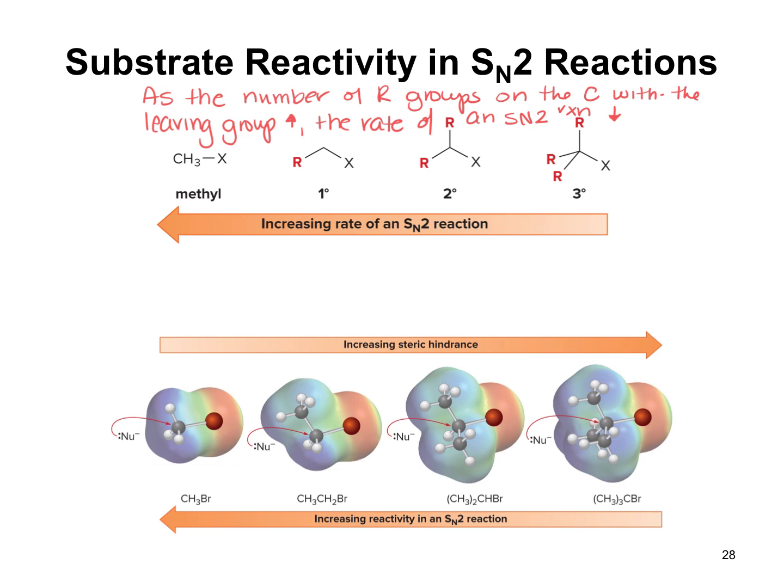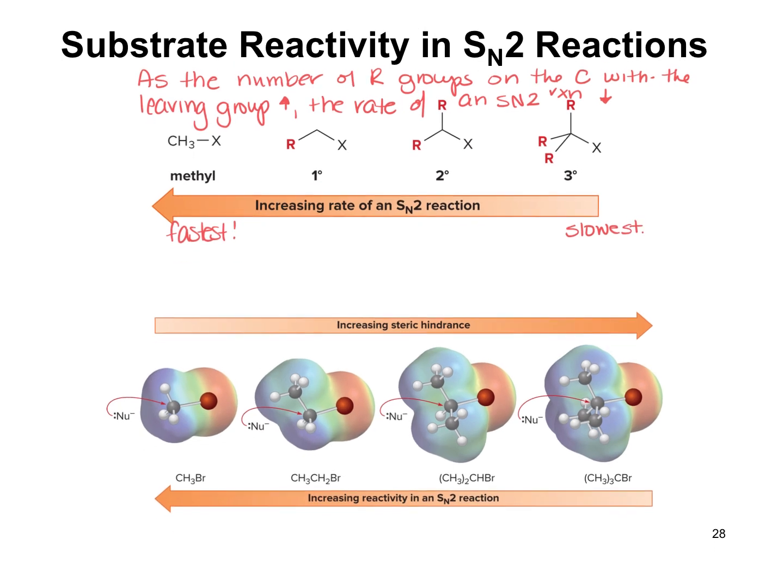Well, when we look here at our classifications, we can have a tertiary halogen, a secondary halogen, and a primary halogen, and then a methyl halogen. And what we find when we compare these in a reaction is that methyl is going to be the fastest, and if the substrate's tertiary compared to that methyl, that's going to be the slowest, okay?